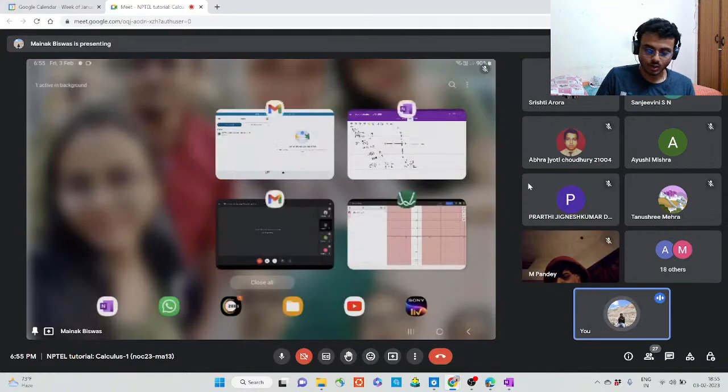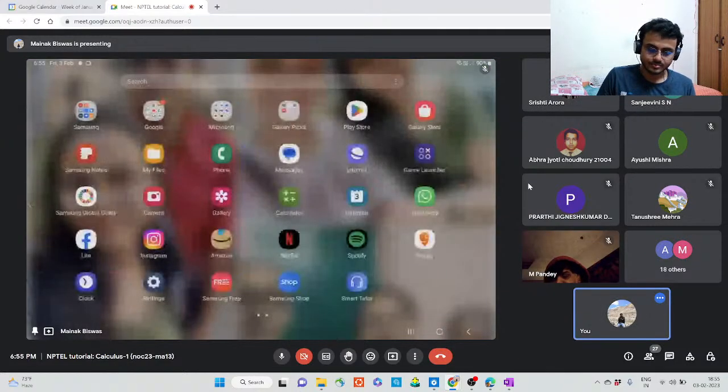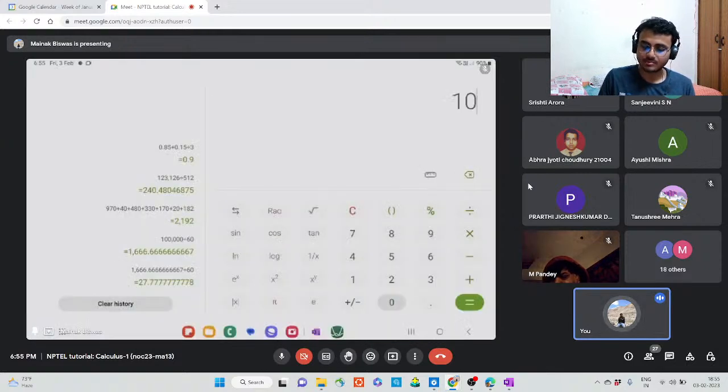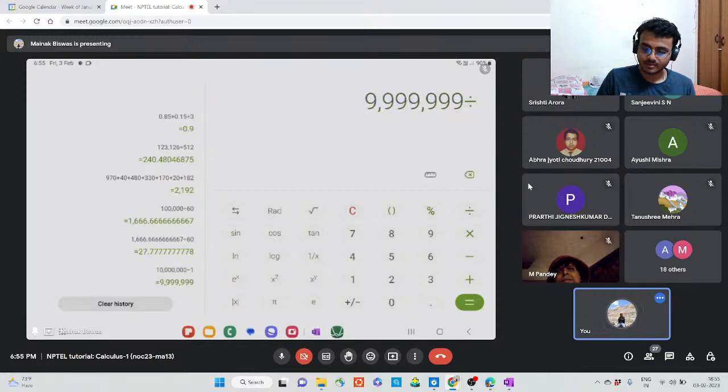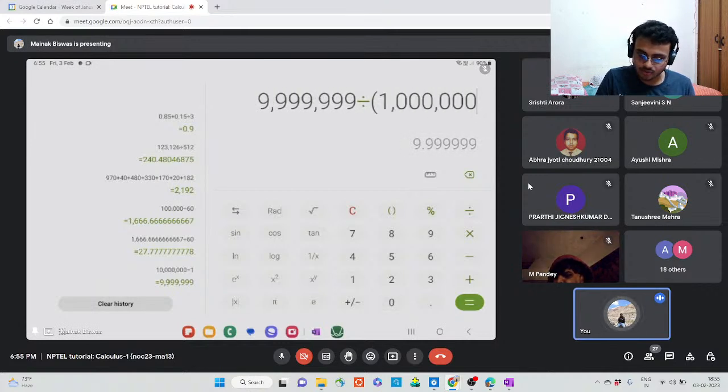Maybe I'll do it here only. If you do not get the intuition, this may help. So minus 1 divided by 1 0 0 0 0. Be careful with the number of zeros. Plus 2.